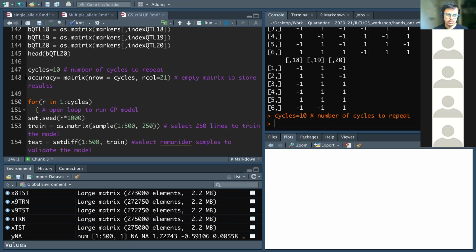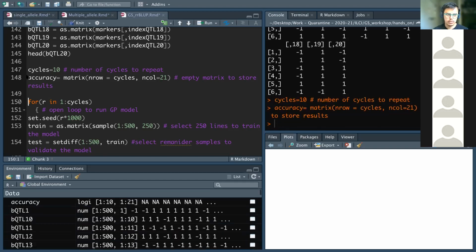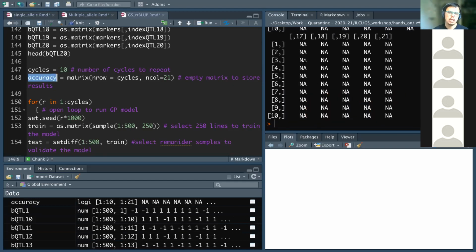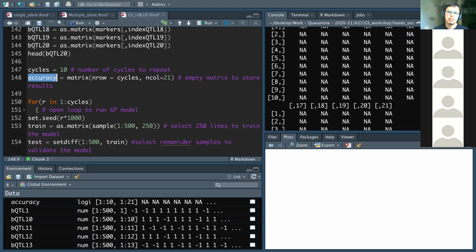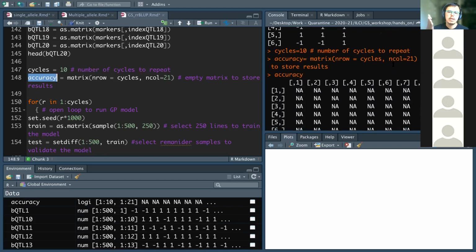So that is just the number of cycles, and here I'm just gonna create an empty matrix to start to store my data. So you can see here that it's just an empty matrix of 21 columns. It's 21 because in the first column, I'm gonna store my prediction when I use all the molecular markers as random effects.